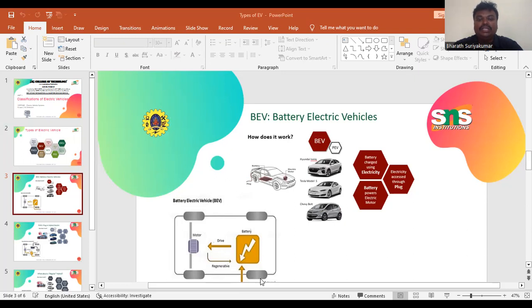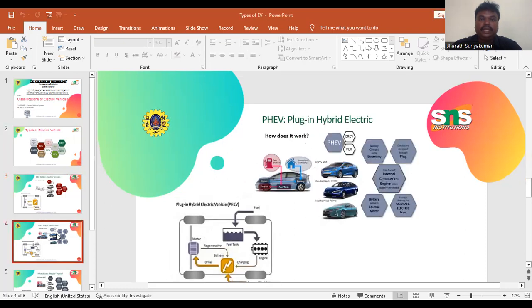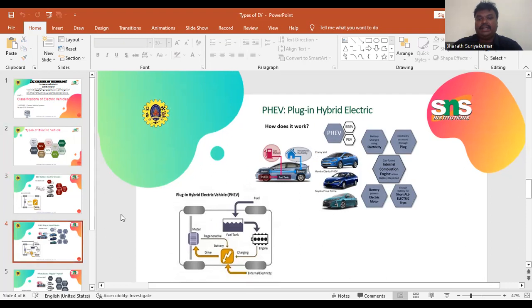As battery technology improves and charging infrastructure expands, BEVs are becoming an increasingly viable option for a wider range of drivers.